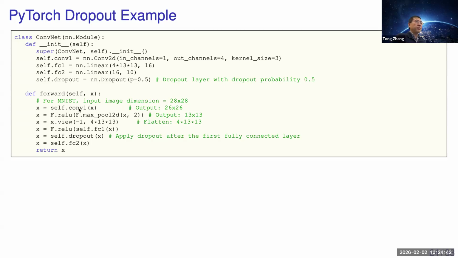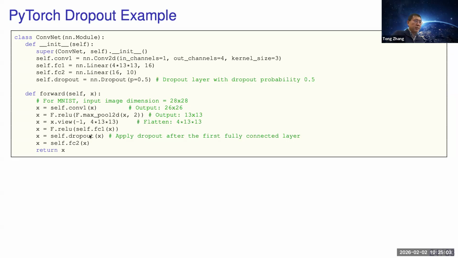In the forward pass, you first have a convolution, then ReLU. This is just a simple example for illustration, with dropout after this.